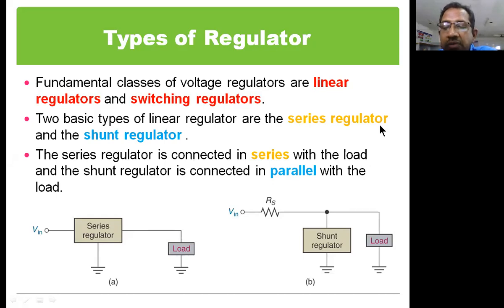As we are dealing with the regulators topic, we deal with different types of regulators like linear regulators, step down type of regulator, step up type of regulator, and switching type of regulators. In the syllabus, we have the linear regulators. Under linear regulators, we're going to have two types called series regulator and shunt regulator. We deal with these two now.